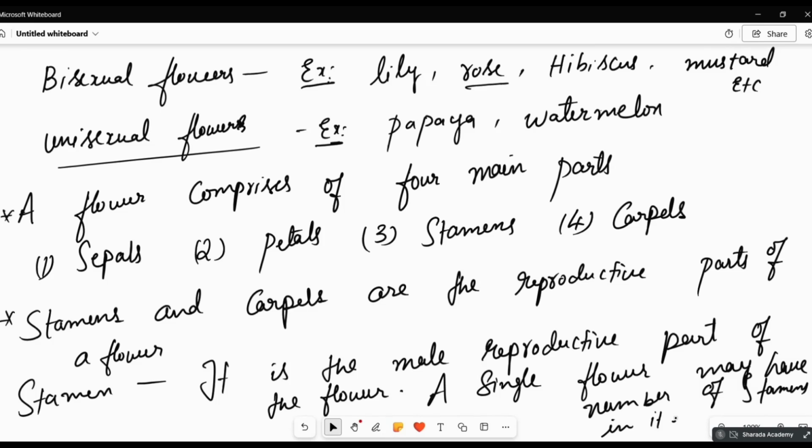Examples: papaya, watermelon. Then a flower consists of four main parts: sepals, petals, stamen, and carpels. The stamen and the carpels are the reproductive parts of the flower. The stamen is the male reproductive part of the flower, and a single flower may contain a number of stamens.